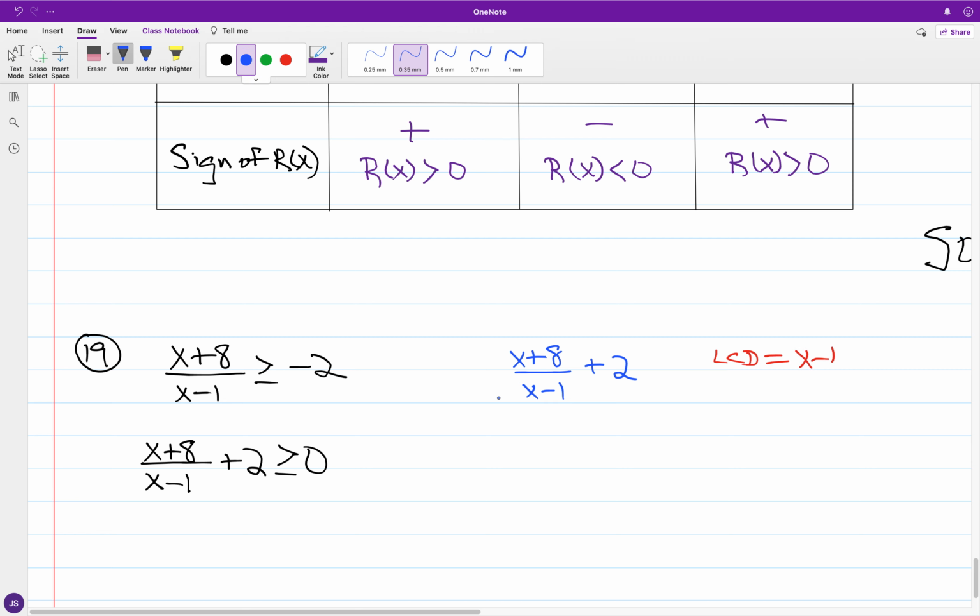So I already have the x plus 8 from x plus 8 over x minus 1. That already has the least common denominator. And for 2, I can write it as 2 over 1, and just multiply by 1 in the form of x minus 1 over itself.